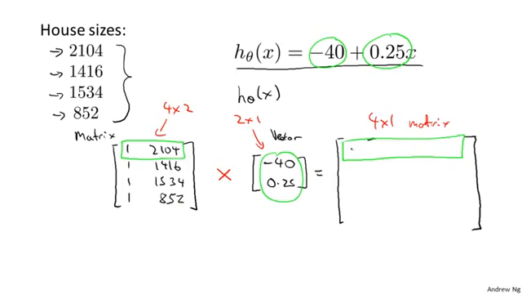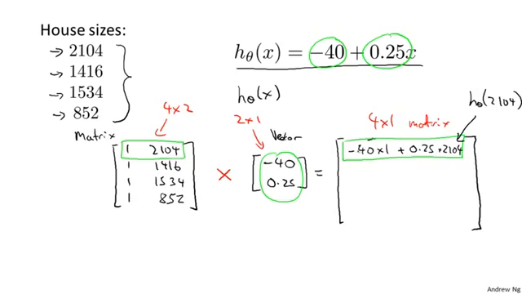So this is going to be minus 40 times 1 plus 0.25 times 2104. By the way, on the earlier slides I was writing 1 times minus 40 and 2104 times 0.25. The order doesn't matter. And this first element, of course, is h applied to 2104. So it's really the predicted price of my first house.